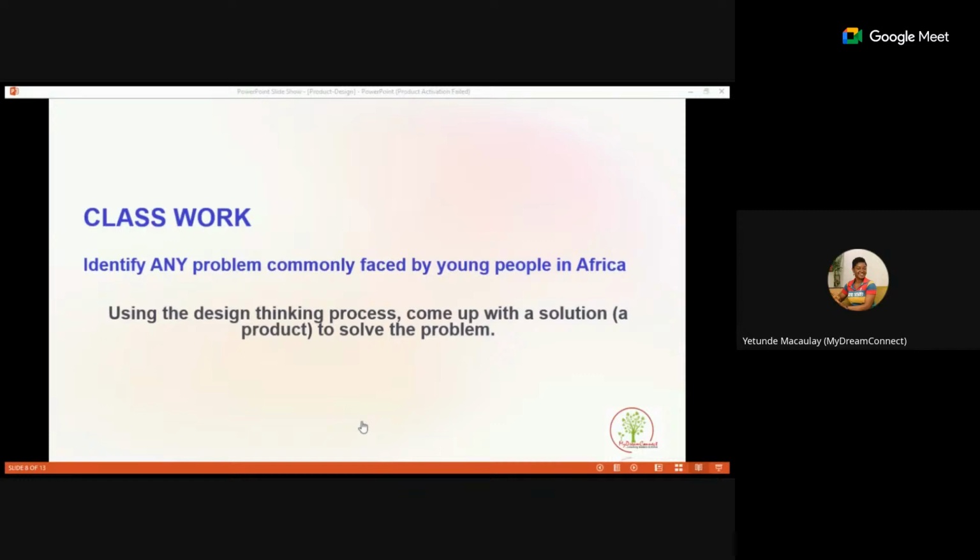It was from an assignment that we actually did, and we identified youth unemployment as a problem in Africa. Then we went down to brainstorm. We sent out a survey that asked questions from different age groups to start with.